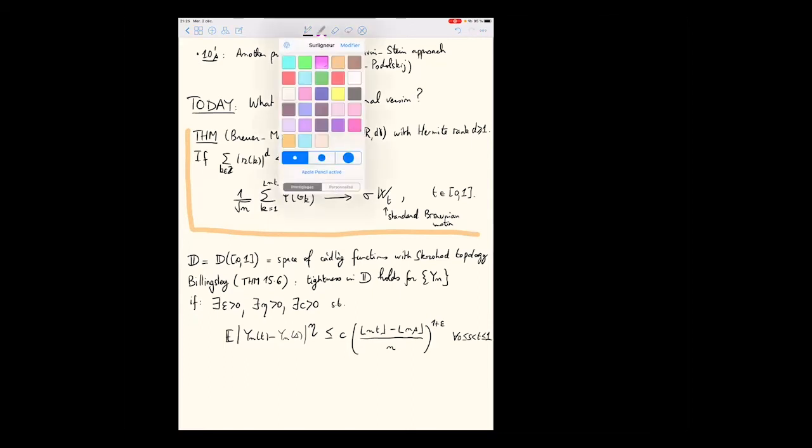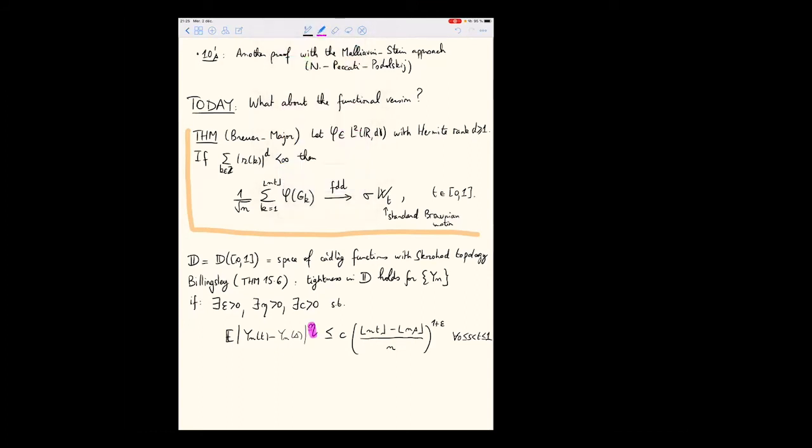So here, let me just stress that we have this eta here, and somehow this eta is related to this 1 plus epsilon, in the sense that if you look at what Breuer and Major proved already, we get convergence to the standard Brownian motion.